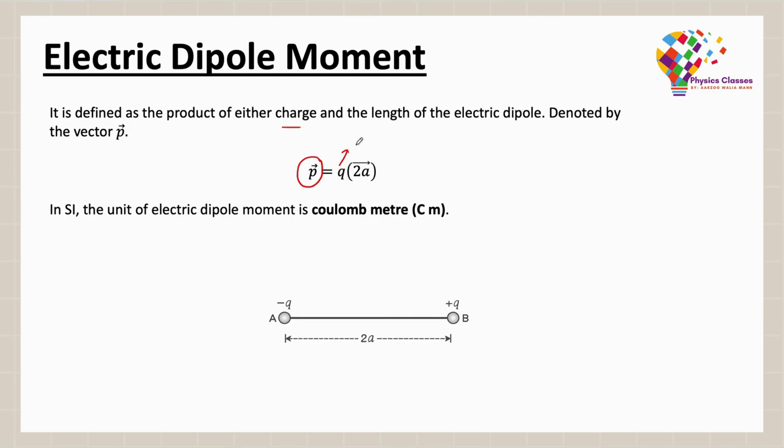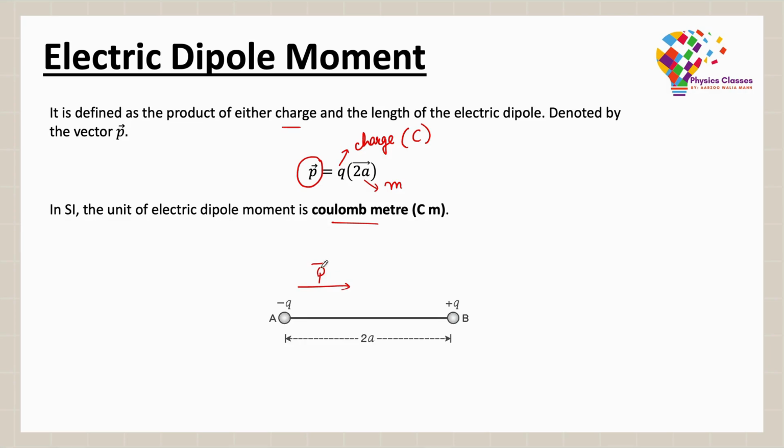So P can be written as q times 2a, where q represents the charge on either of the dipole charges, and 2a is the length of your electric dipole. Charge is generally measured in coulombs and length is measured in meters. Therefore, the unit for electric dipole moment is coulomb meter. And the direction of your dipole moment is also from the negative to the positive. So, the dipole direction would go like this.